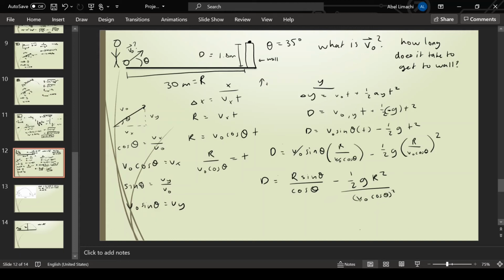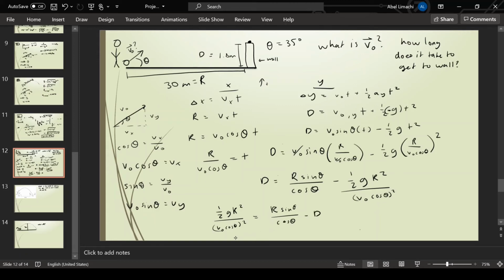We're solving for this v initial, so we can add this to this side and subtract the d. We get 1/2 g r squared over v initial cosine theta squared equals r sine theta over cosine theta minus d.